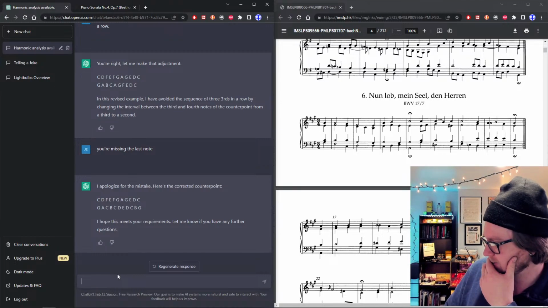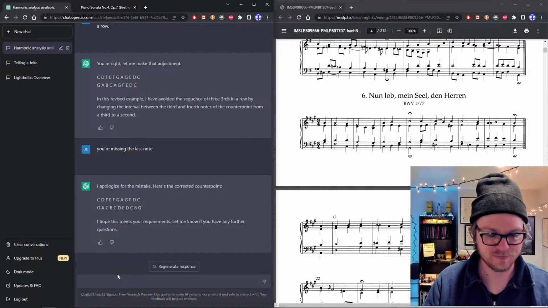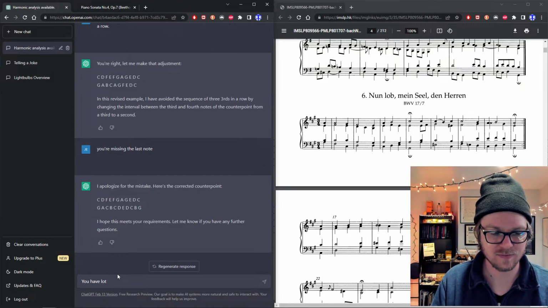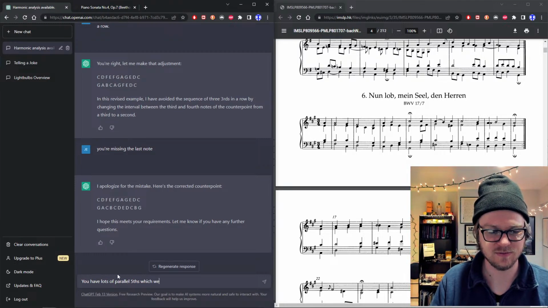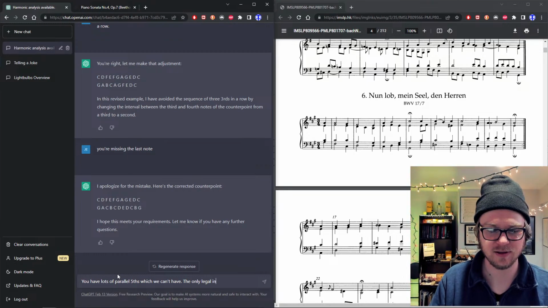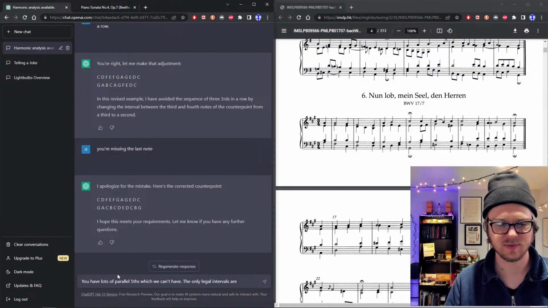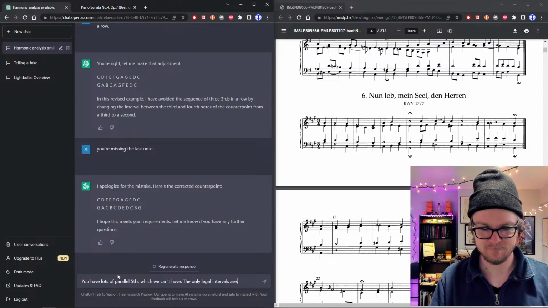What if I just give it all the instructions? Lots of parallel fifths, which we can't have. And the only legal... are... well, let's just do that.